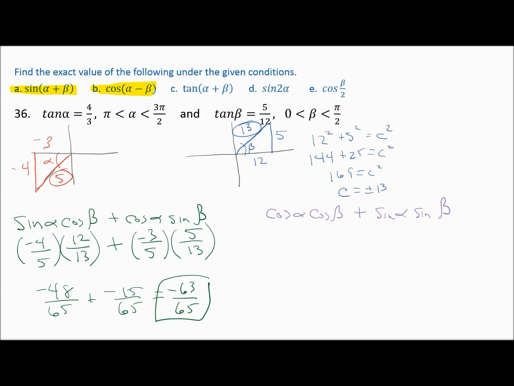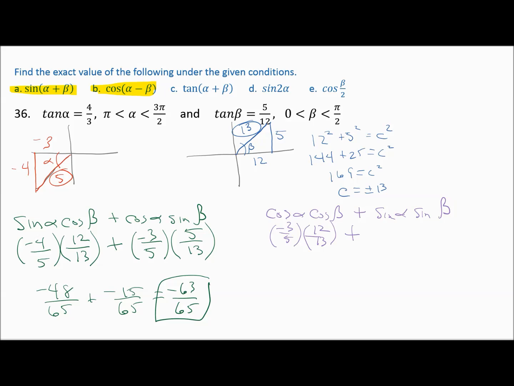So I go to my alpha picture, and the cosine is going to be -3 over 5. Again, that's adjacent over hypotenuse, or x over r. Cosine of beta, I go to my beta picture. So adjacent over hypotenuse is 12 over 13. Plus sine of alpha.